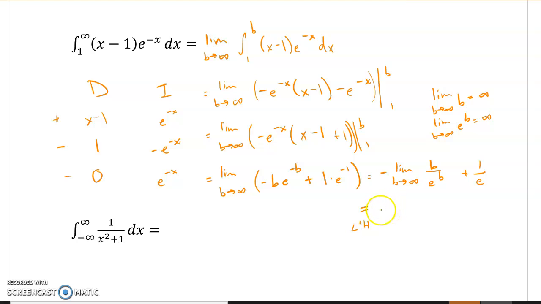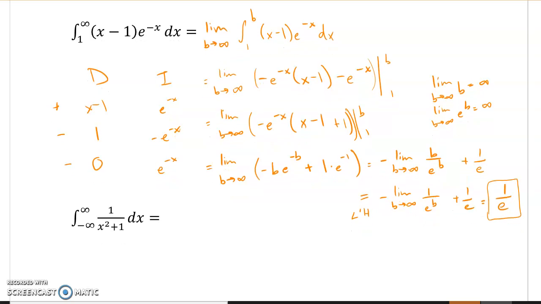L'Hopital's rule says that we can evaluate this limit by differentiating the numerator and the denominator separately. Well, that simplifies the top and does absolutely nothing to the bottom. And we know that when b goes to infinity, e to the b goes to infinity, and 1 over infinity is 0. So we have 0 plus 1 over e. So 1 over e is the value to which that improper integral converges.